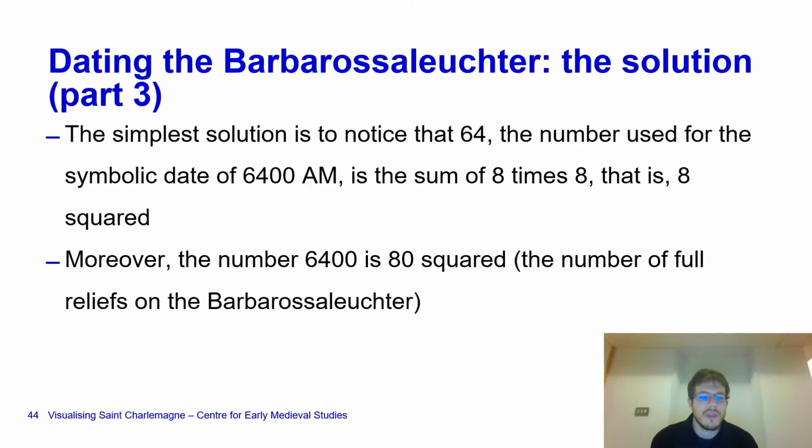Then, moreover, the number 6400 is 80 squared, so the number of the full reliefs on the Barbarossaleuchter, excluding the 8 ornamental ones. So now we see that all of the numerological references are interlinked. So suddenly we realize that there is much more to this chandelier than previously thought.